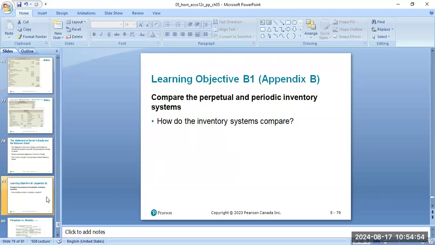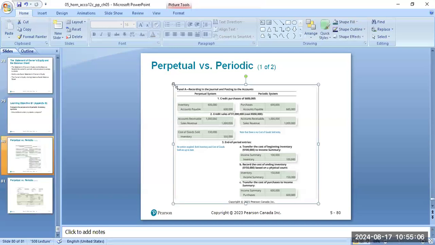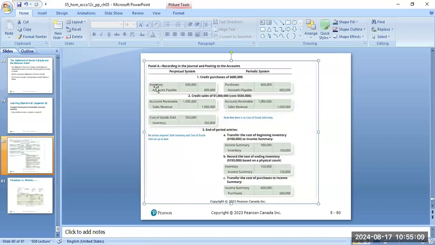For the next learning, let's compare the perpetual versus periodic system. Again, the difference is on the purchases. On the perpetual, we debit and credit inventory.